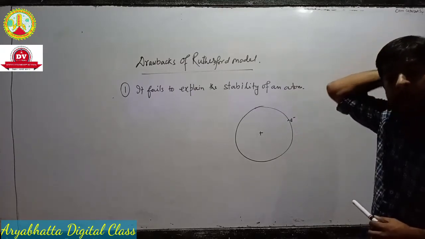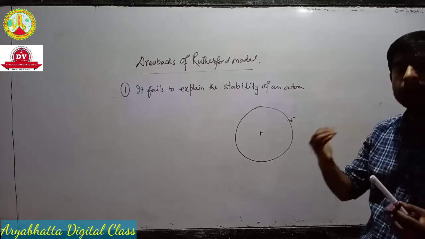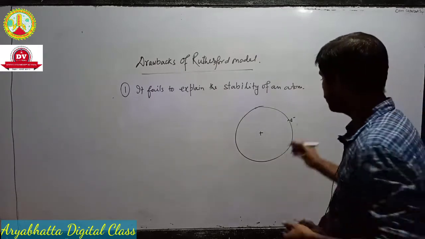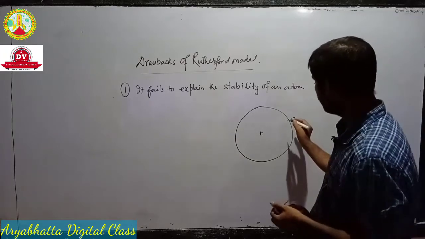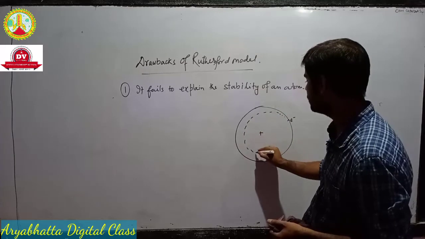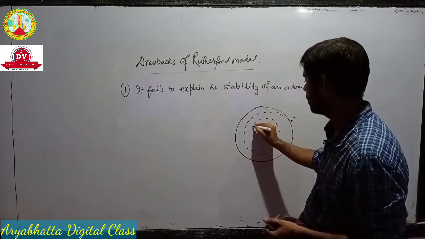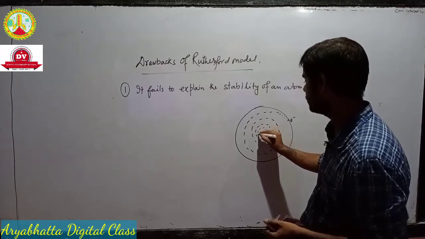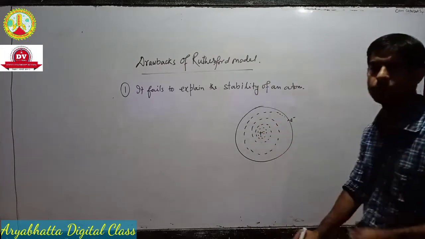We experimentally know that if a charged particle is under accelerated motion, it does radiate energy. So if it radiates energy, then what will happen? Its path will shrink, it will keep on losing energy, and path will shrink, and it will finally fall to the nucleus.